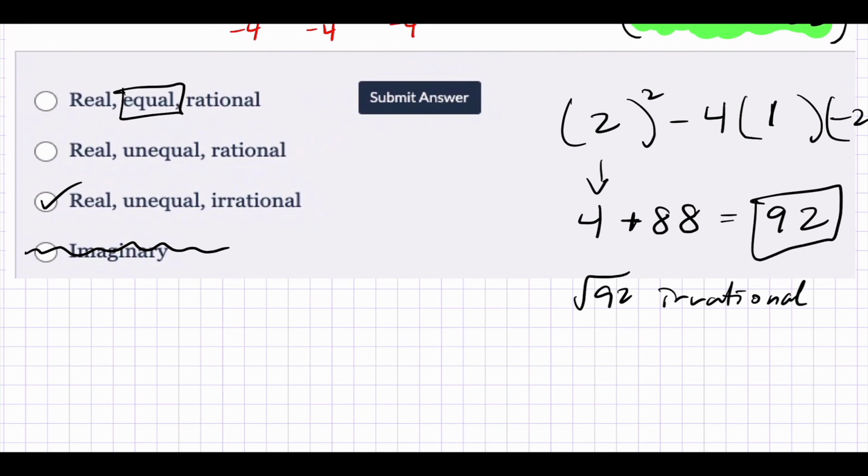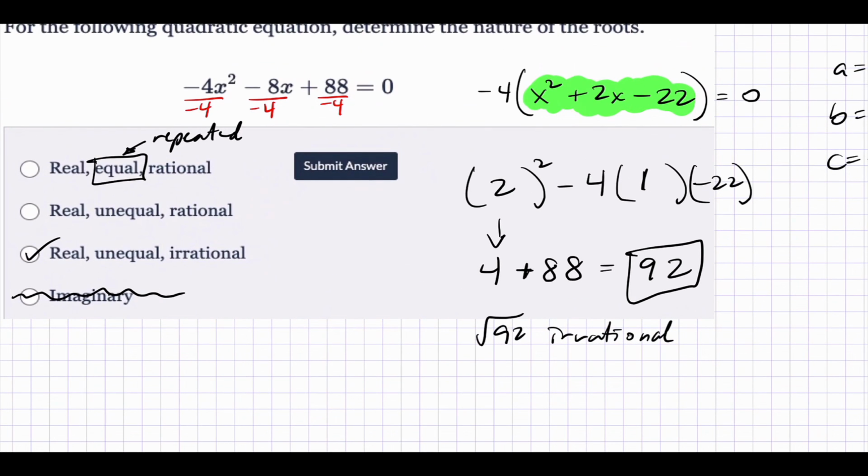Equal means repeated. It means you're going to have real, but they're going to be repeated. So equal means repeated. Okay. Unequal means 2 roots. So the difference between the second two are just rational or irrational. Okay. And that's it.